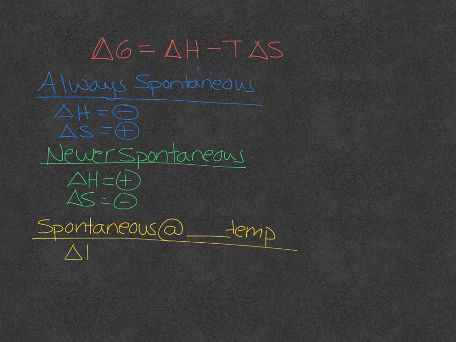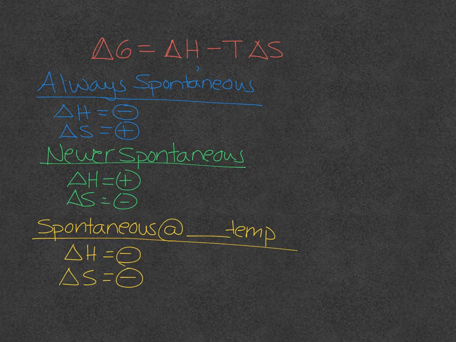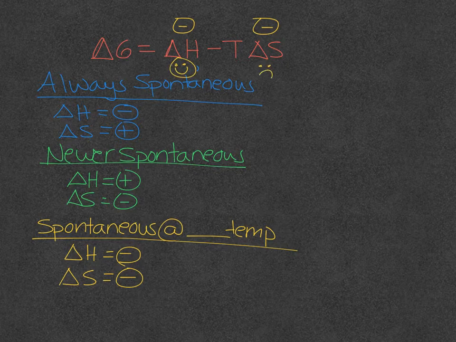So if delta H is negative and delta S is also negative, if we go back up here to our equation, if we put in a negative for delta H and a negative for delta S, basically, this is the term we wanted, and we didn't get the delta S that we wanted in order to be spontaneous. So we want to minimize this delta S term, so this would be spontaneous at a low temperature.